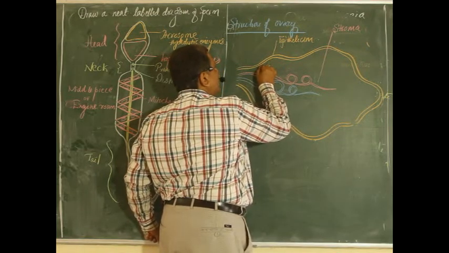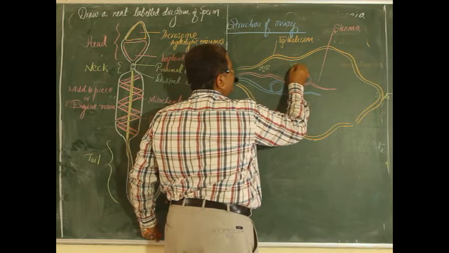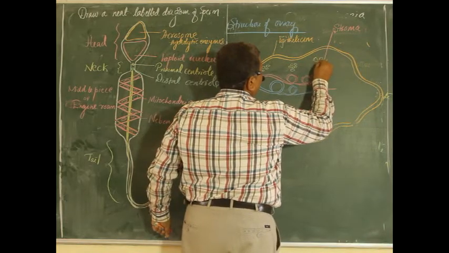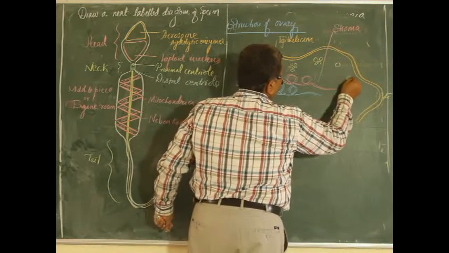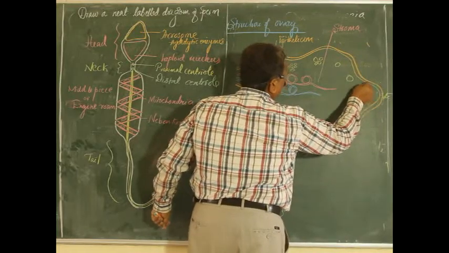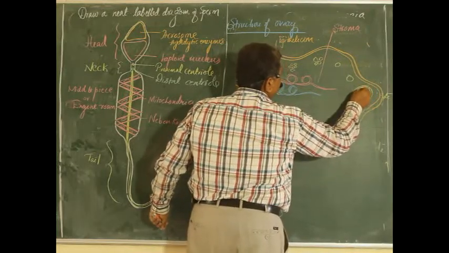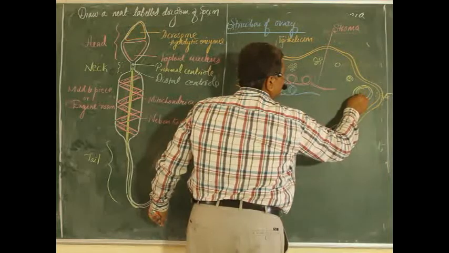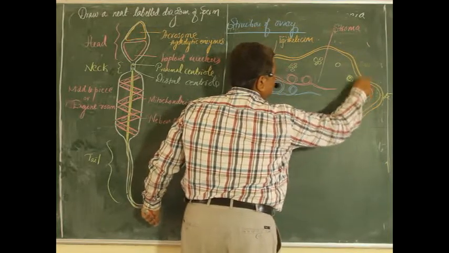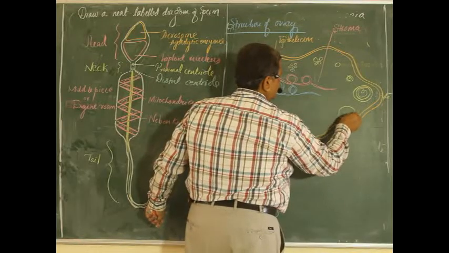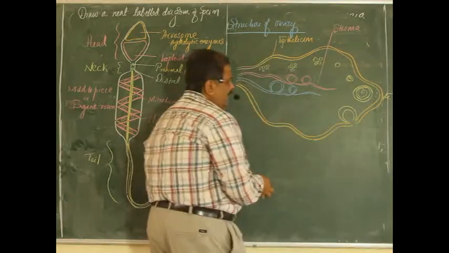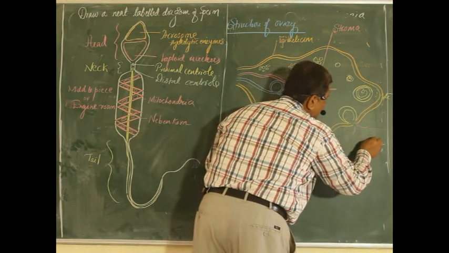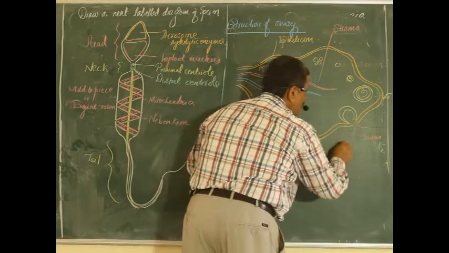They are associated with follicles. You can see the various stages of the follicles and the ovum which is released. This is called ovulation.